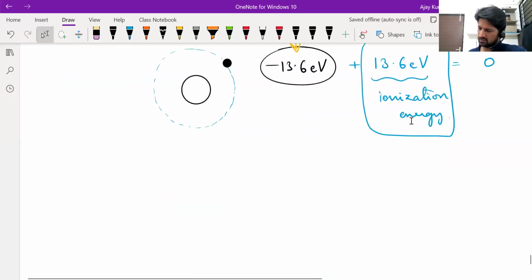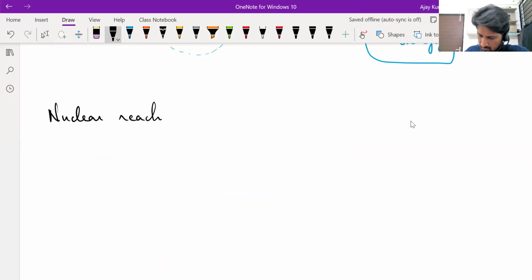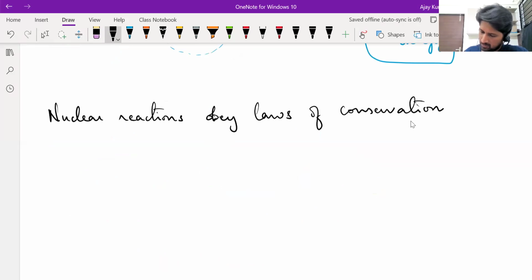So remember, nuclear reactions also obey the laws of conservation of energy and linear momentum.